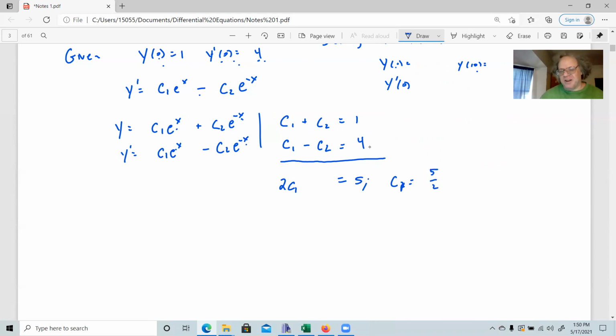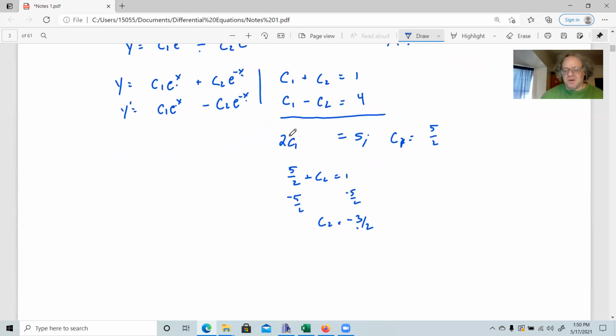Plug this back into whatever equation you'd like. So we have 5 halves plus C2 is equal to 1. Subtract on both sides, so C2 is equal to 2 minus 5 over 2, which is minus 3 halves.